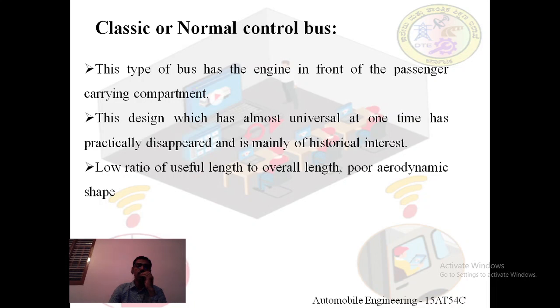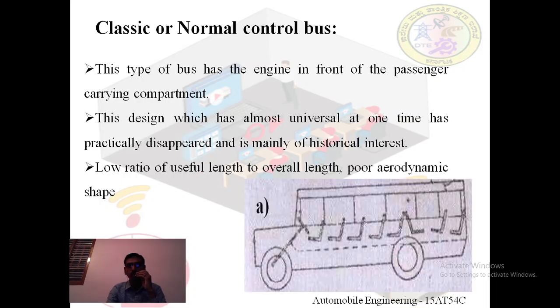Low ratio of useful length to overall length, poor aerodynamics in this shape. In classic or normal control bus, aerodynamics is very poor, with a low ratio of useful length to overall length. You can see the images in this.